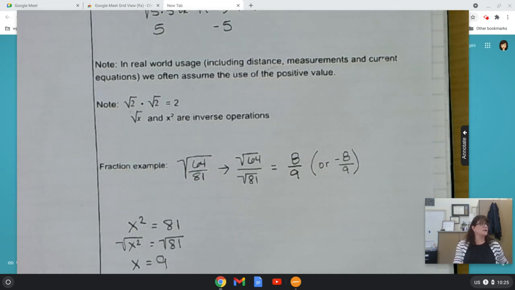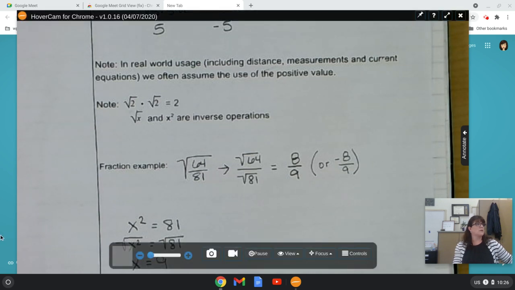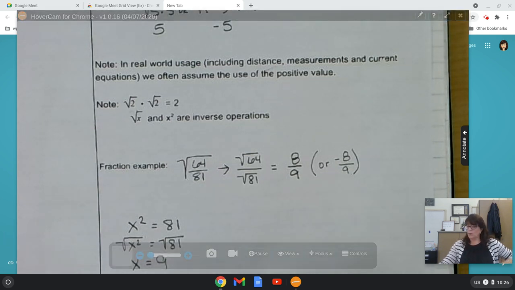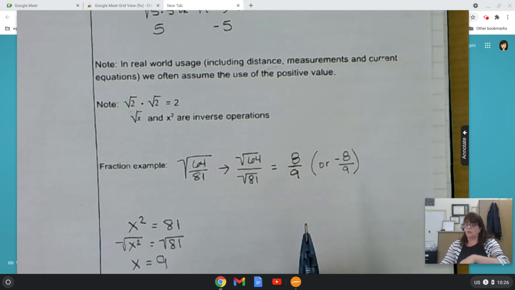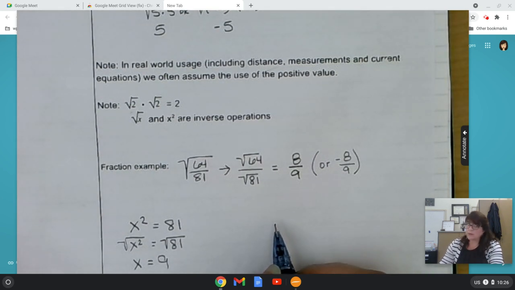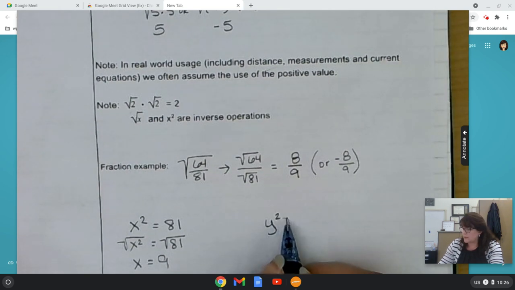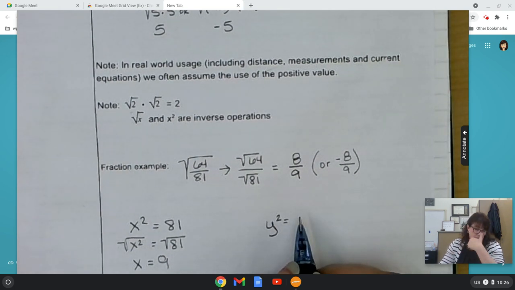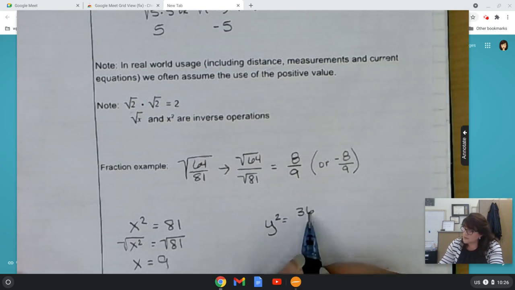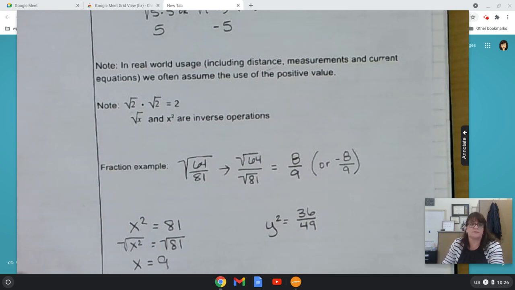Let's look at a couple more examples. What if we had one that said y squared equals 36/49?